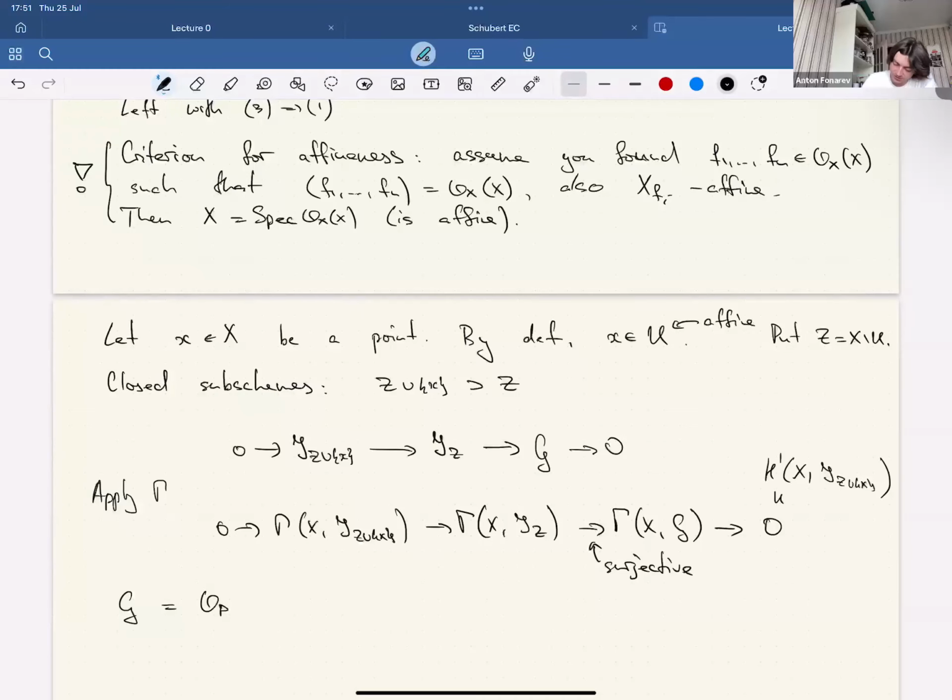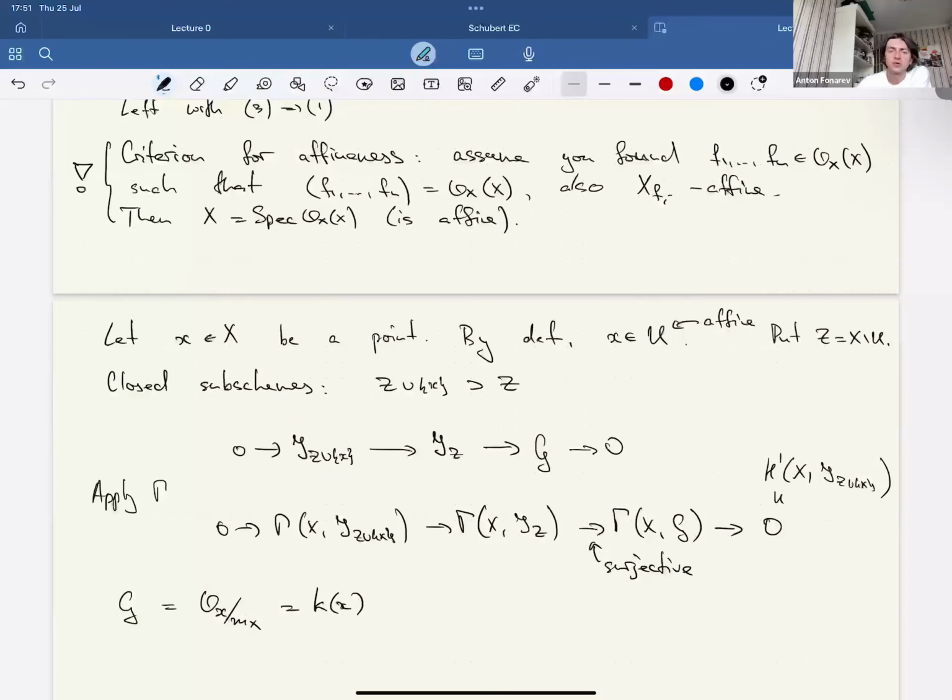So these are the values. This is the residue field of the point X, that is, O_X of X modulo the maximal ideal.